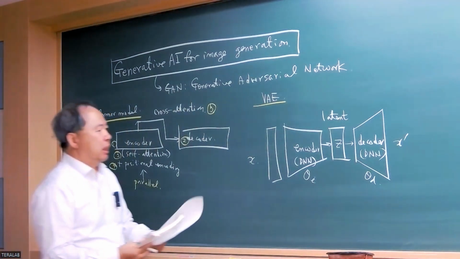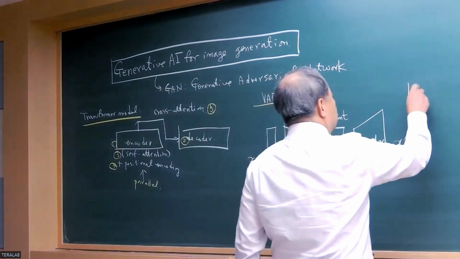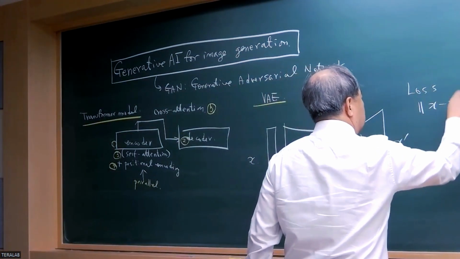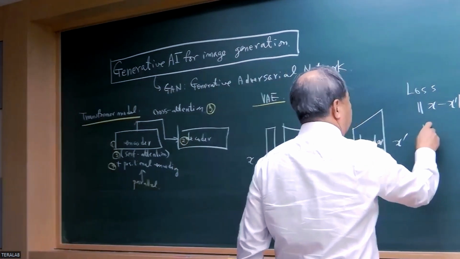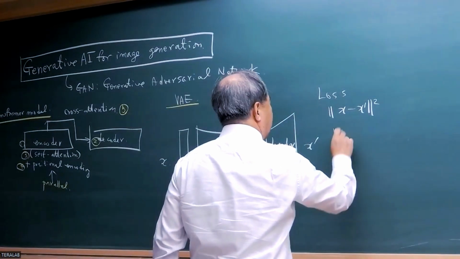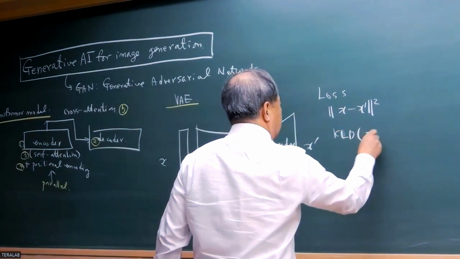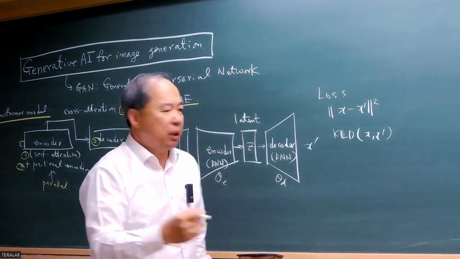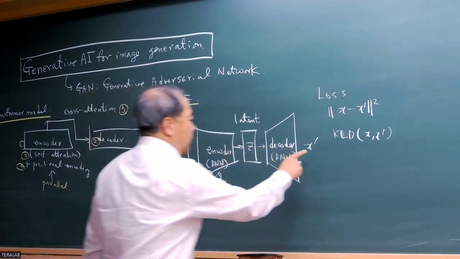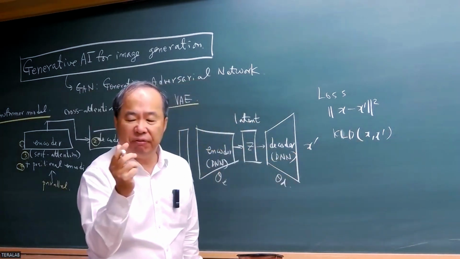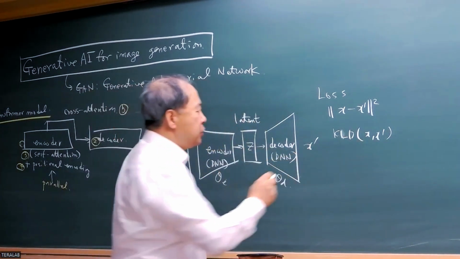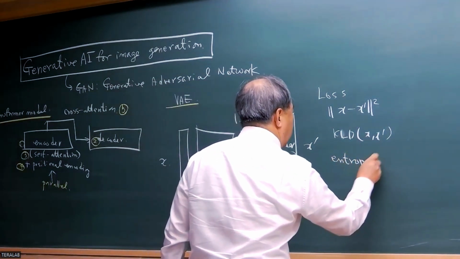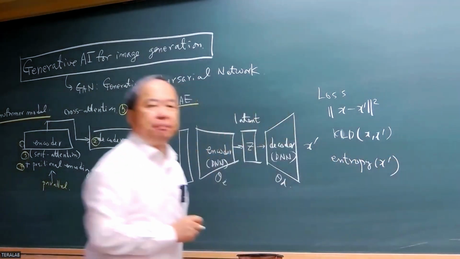By comparing, we can define a loss function such as (x minus x dash) squared or KL divergence of x and x dash. KL divergence means the entropy of input data and the entropy of output data. That difference is KL divergence. Sometimes we are using the entropy function of output x dash.